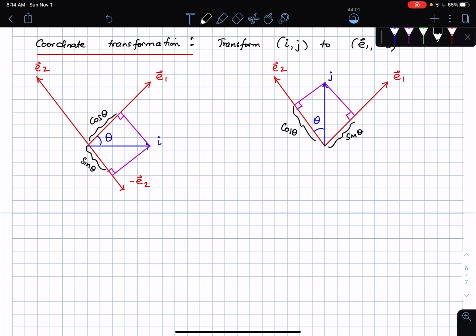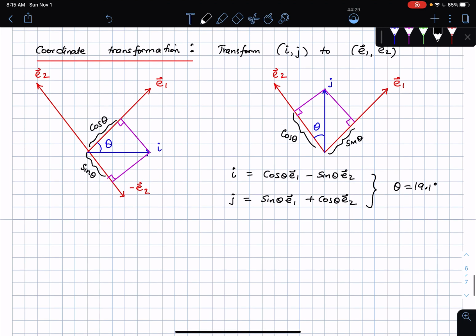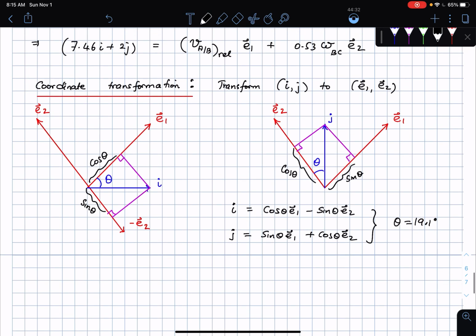Which means I can now say that i is cosine theta E1 minus sine theta E2, and then j is sine theta E1 plus cosine theta E2, and theta is 19.1 degrees, right? That is from before.